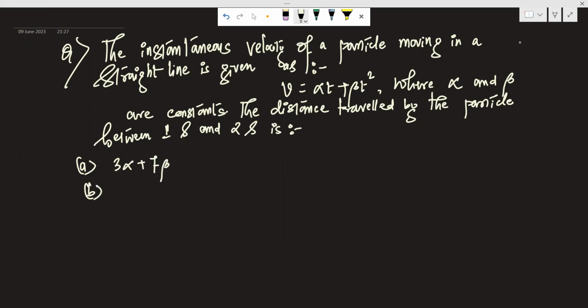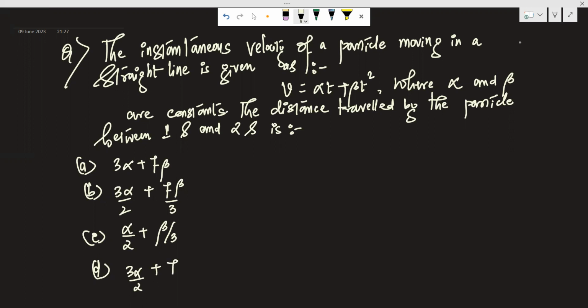Second option is 3 alpha by 2 plus 7 beta by 3. Third option, alpha by 2 plus beta by 3. And fourth option is 3 alpha by 2 plus 7 beta by 2. Where did this question come from? This question came in JEE Mains 2021.